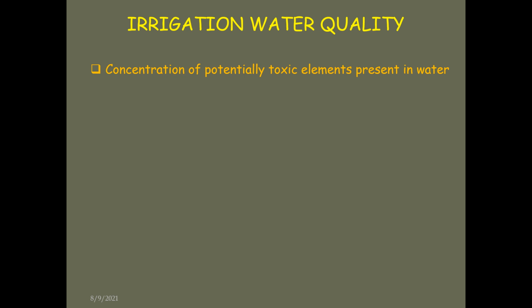In addition to what we have studied till now, the salinity and sodium hazard, certain crops may be sensitive to the presence of moderate to high concentrations of specific ions, like boron. We will study that. So we should know about the concentration of other elements also which are present in water.